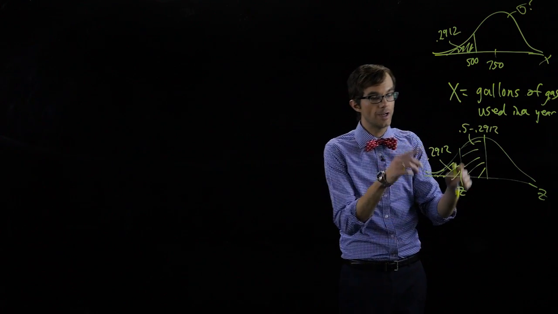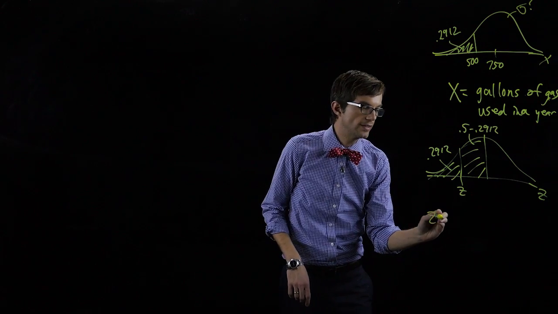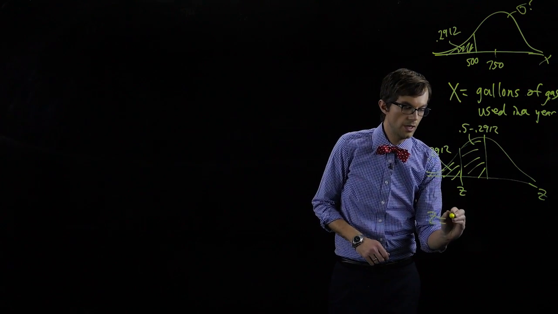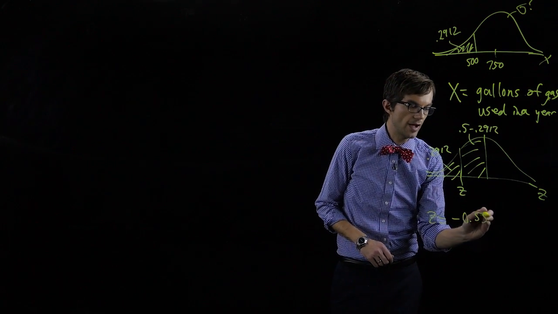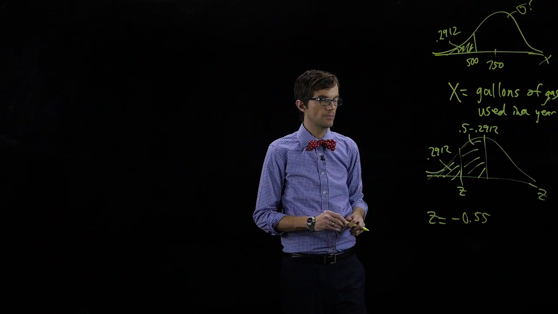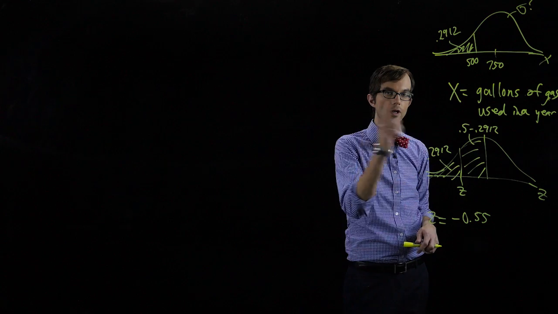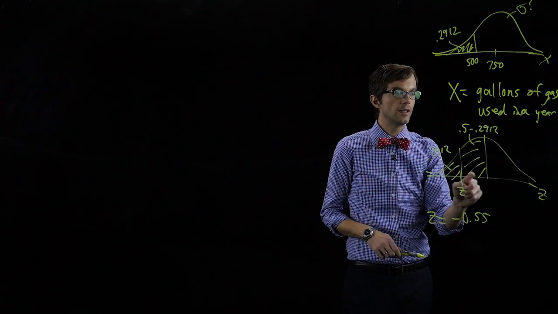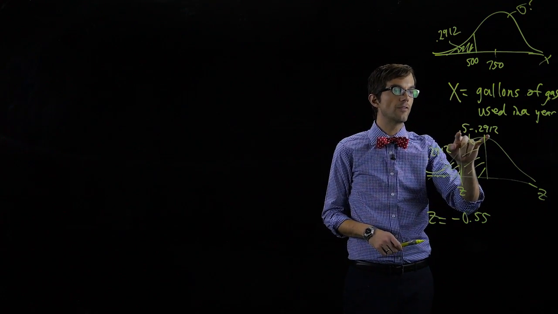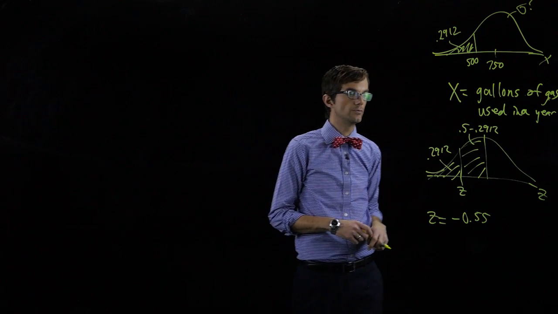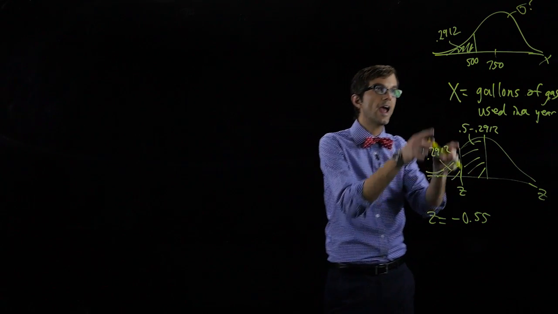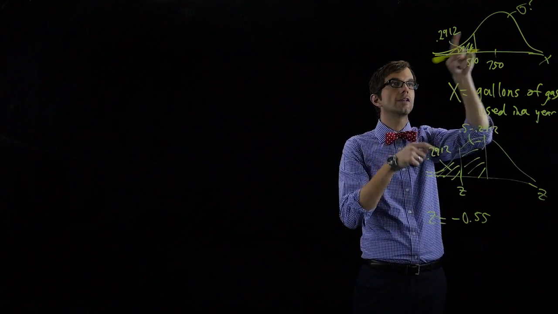And if we do that, we'll find that z is equal to negative 0.55. If we go down to the 0.5 row, the 0.05 column, we'll find an intersection that is 0.5 minus 0.2912. So now we have the z associated with this amount in the tail.